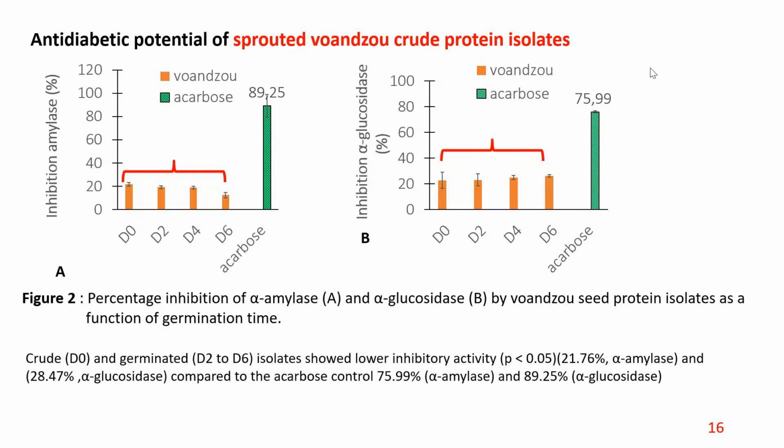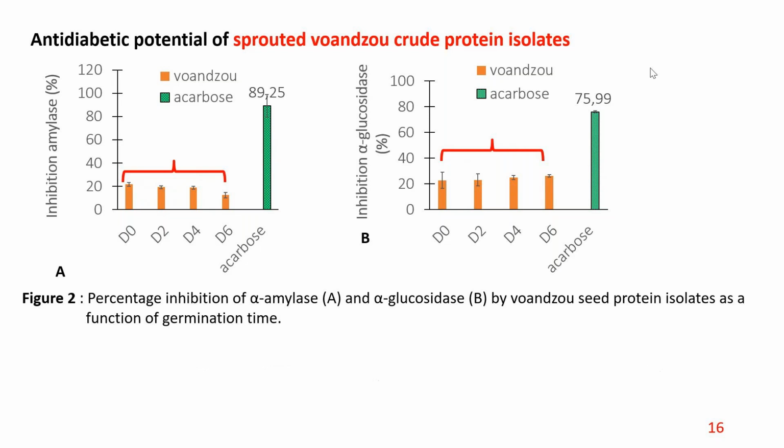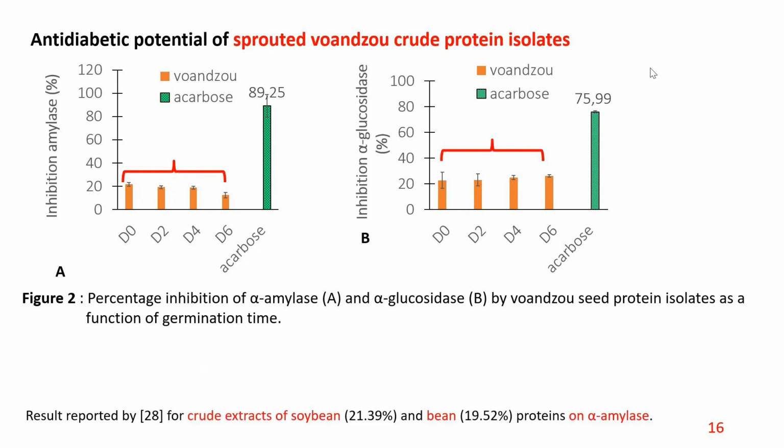We can note that all the crude extracts at D0 of germination and D2 to D6 of germination showed lower inhibitory activity of alpha amylase and alpha glucosidase compared to the control, which is acarbose, a drug currently used in the treatment of diabetes. Similar results have been reported in the literature for crude extract of soybean and bean on alpha amylase only.